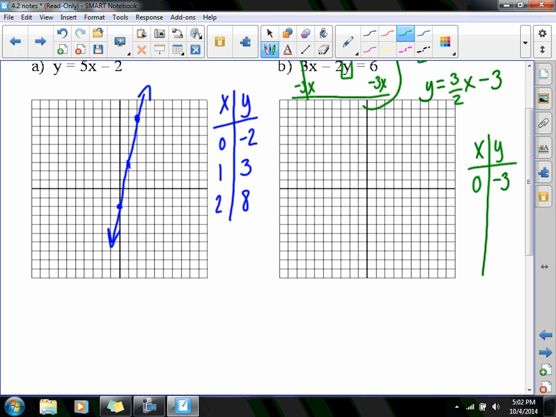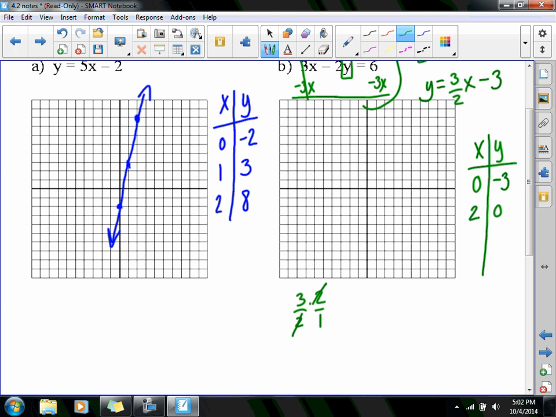A number that I know will cancel with the 2 in the denominator is going to be 2. So if I have 3/2 times 2, or 2 over 1, those 2's cancel. When I multiply across the top and the bottom, I'm just going to get 3. So when I substitute 2 in here, 3/2 times 2 is just 3, and then 3 minus 3 is a 0. Pretty slick. I don't have any fractions that I have to worry about graphing.